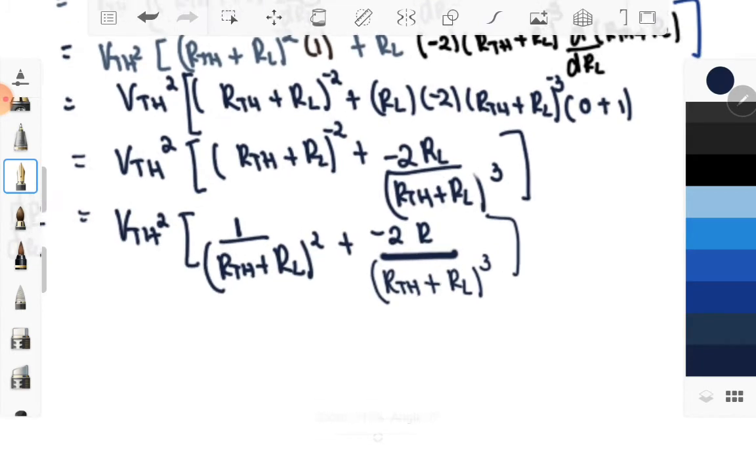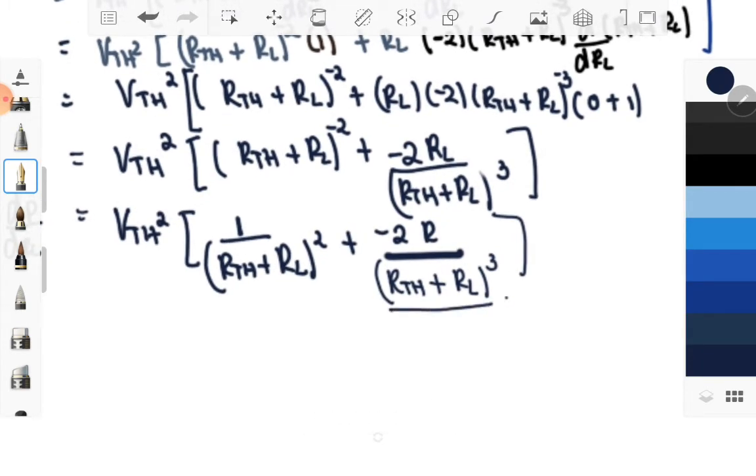So, we will have a value equal to, so ito yung greatest common factor natin. So, we have VTH squared multiplied by (RTH plus RL) raised to 3. So we will have a value equal to (RTH plus RL) squared.